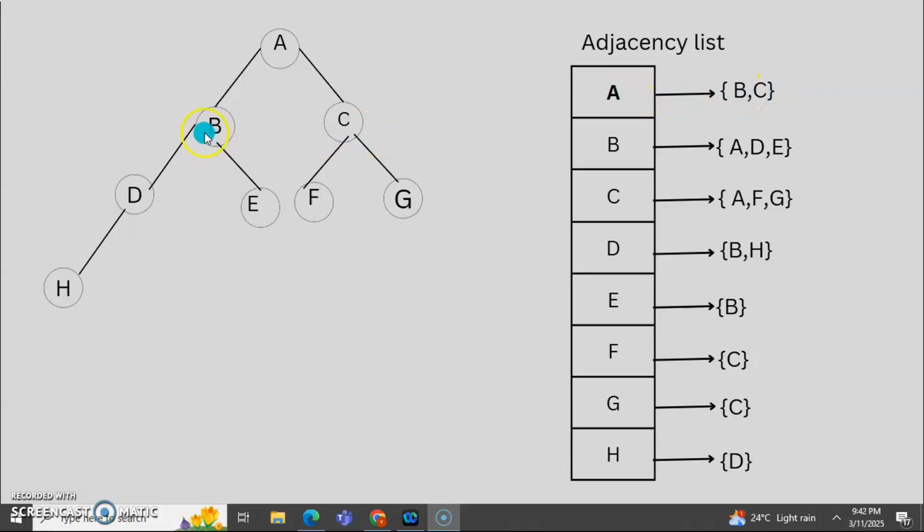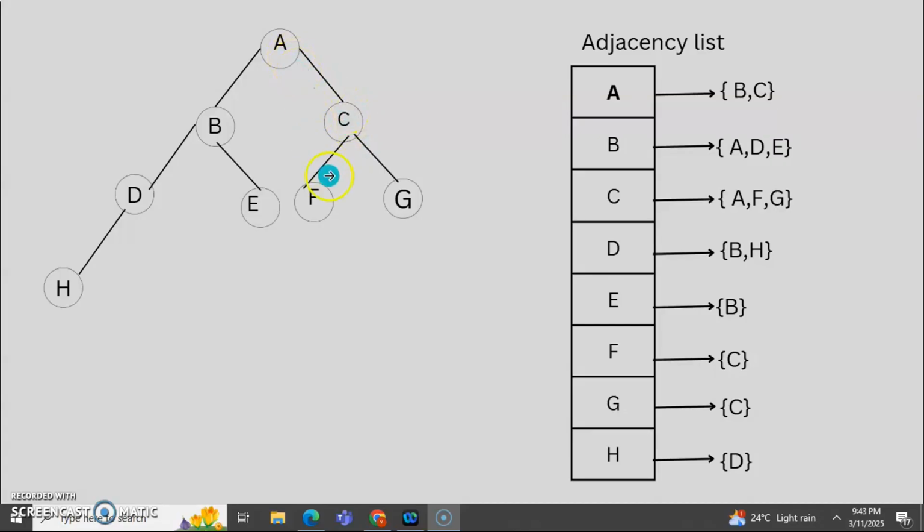If we take B, what are the edges having the connection with B? The nodes are A, D and E. So that is why the adjacency list is A, D, E. Suppose we take C, now you have to check the nodes that are connected with this node C with one edge.